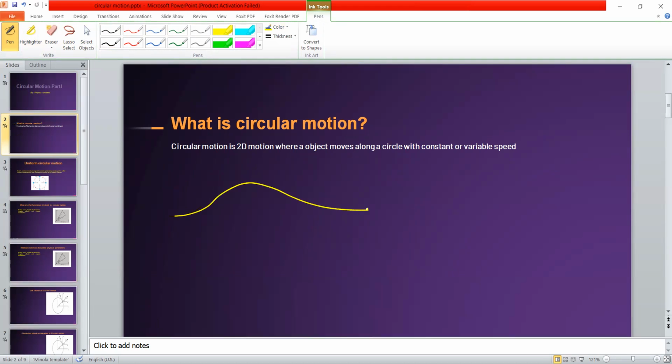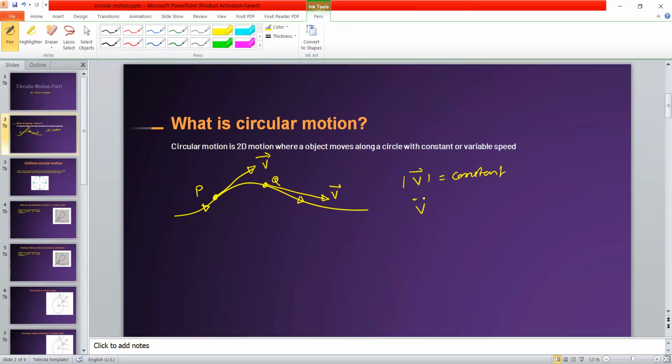Suppose the body is moving in this direction. So what you can see over here, suppose the particle is at this position and after some time it is at this position. And suppose that the speed of the particle is constant. In this case, the direction of velocity will be in this direction, and in this case, the velocity will be in this direction.